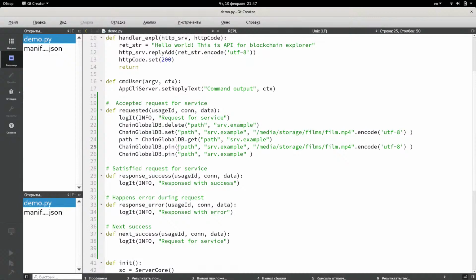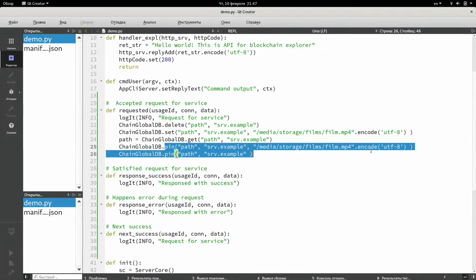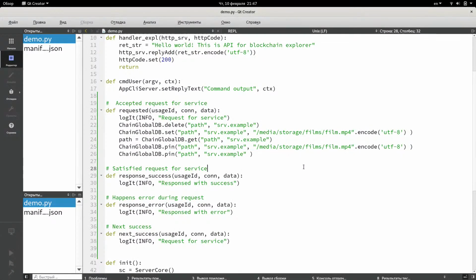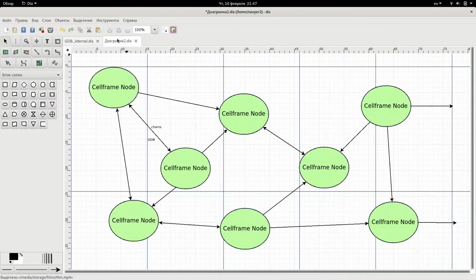For example, let's copy it. Let's imagine that here we have a pinned path, for example this stream.